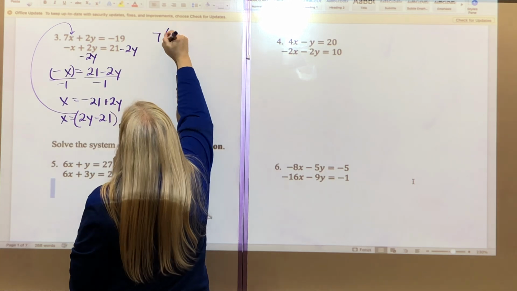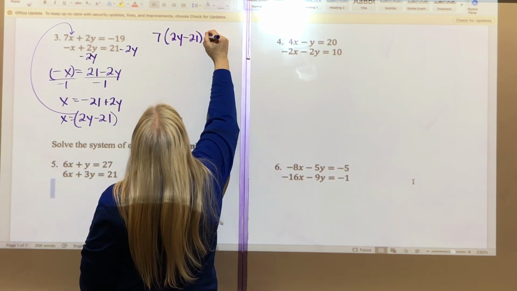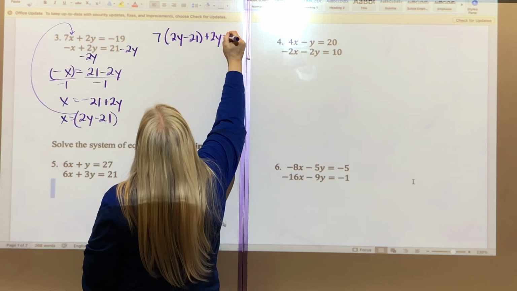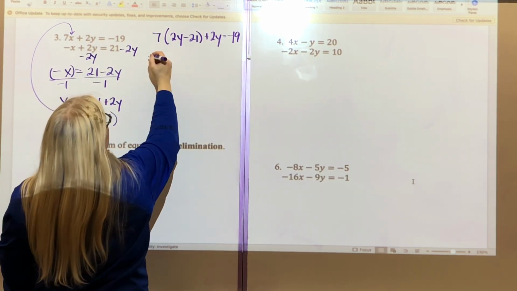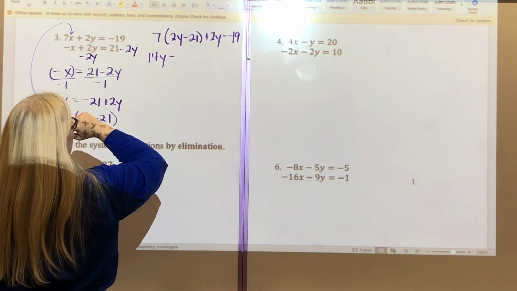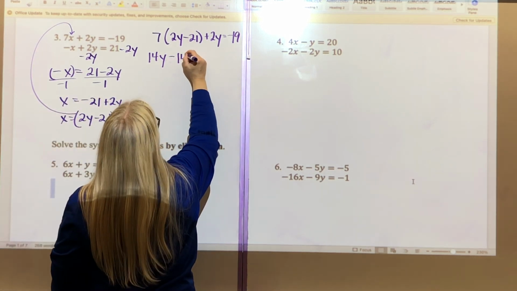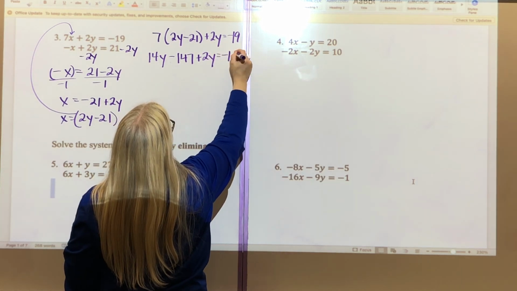So I have 7 times (2y minus 21) plus 2y equals negative 19. So this is 14y minus, what is that, 147, plus 2y equals negative 19.